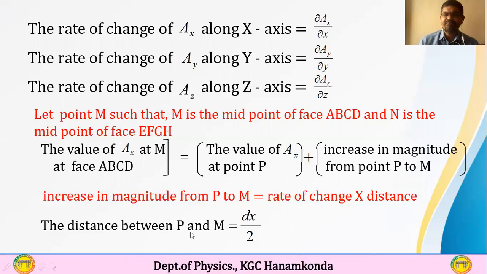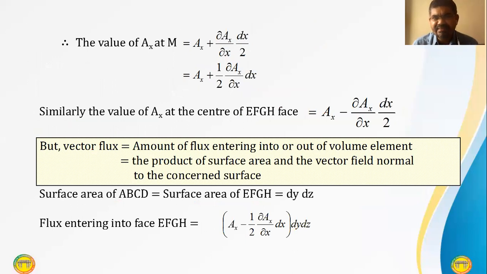So the distance between P and M is dx by 2, because the point P is at the center of the parallelepiped element. The side is dx. Therefore, the distance between P and M is dx by 2. Therefore, the value of Ax at M is Ax, the value at point P, plus dou Ax by dou x, the rate of change of Ax along the x-axis, into the length dx by 2.